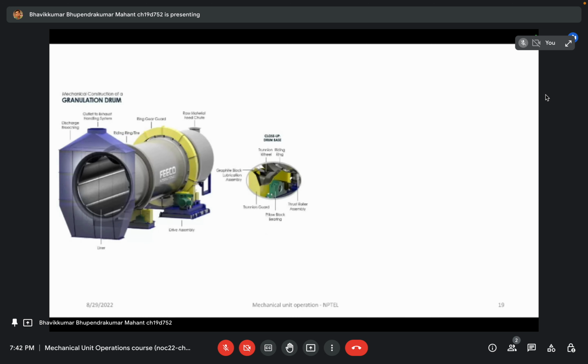Now if you go into more detail, this kind of granulation drum has a mechanical construction as shown here. There is a liner, some material already coated over there, and a riding tire, a discharge breeching, and an outlet to exhaust gas and dust, which is basically connected with a blower whenever required.